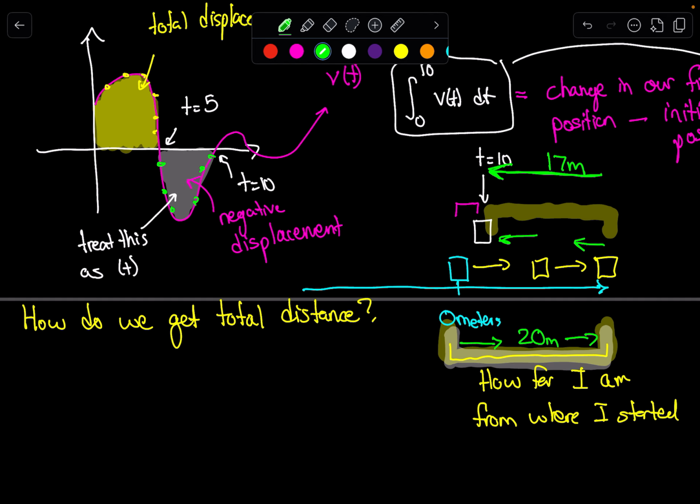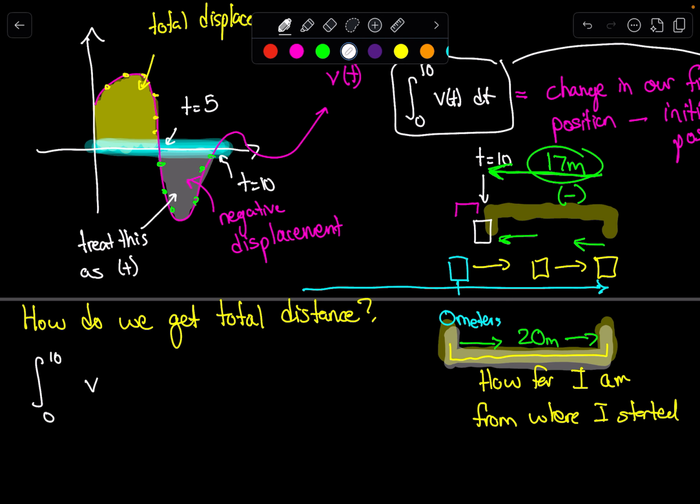And so we need to take this, which the integral is calculating as negative, and we need to turn it positive. The way we do that is, if I wanted to get the total distance that we've traveled along this interval from 0 to 10 in my example, we're still going to do an integral from 0 to 10.